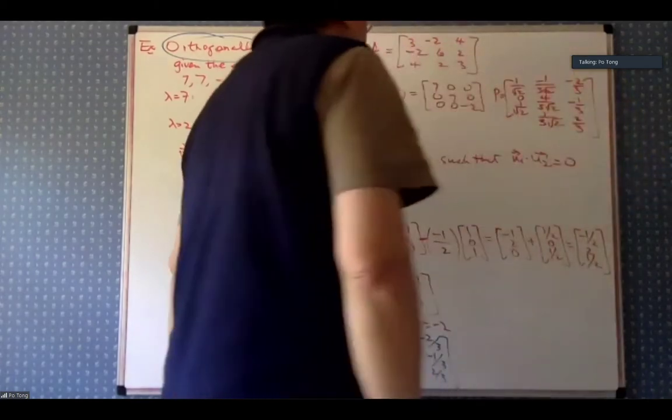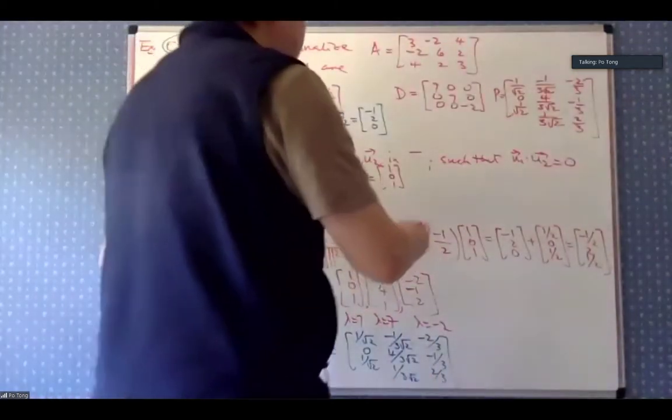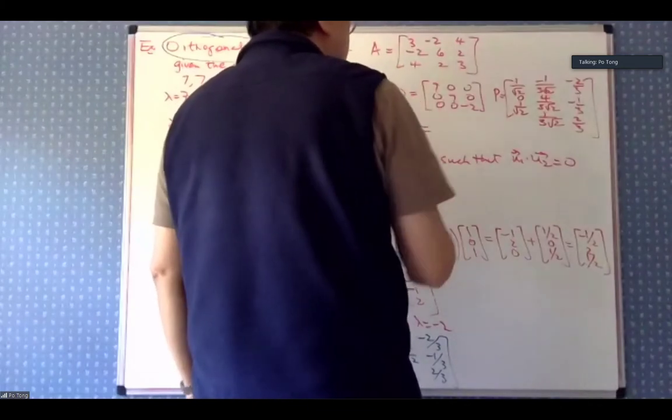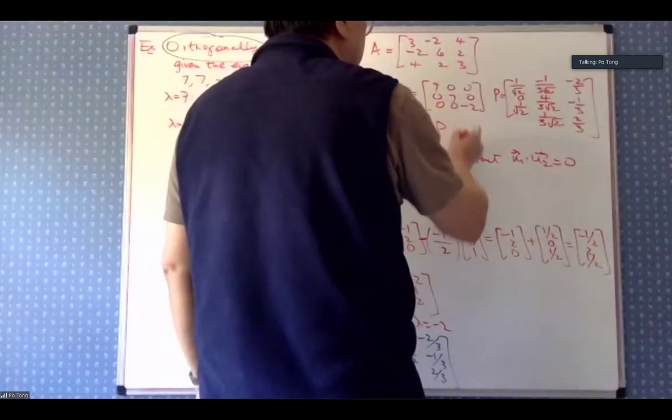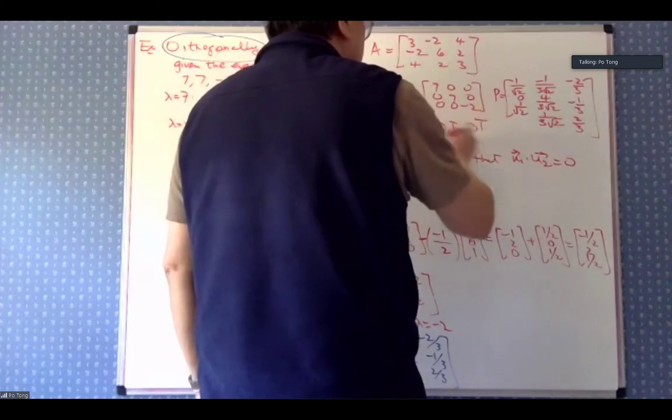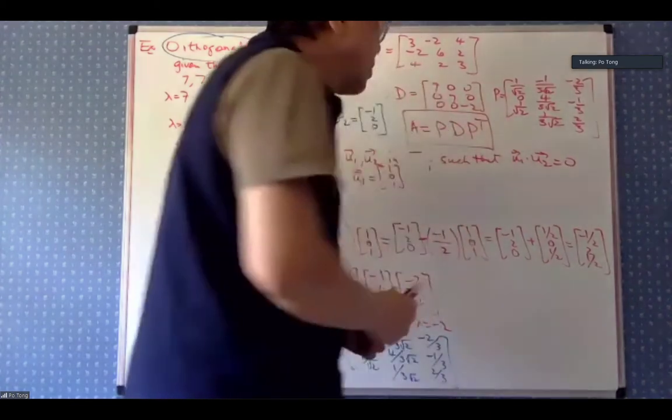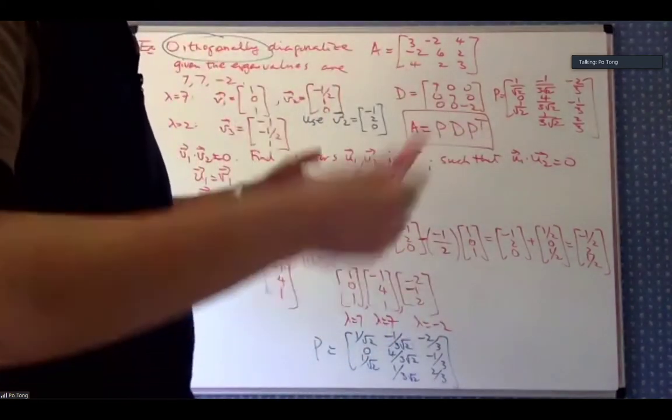Okay. So it has this property now. A is equal to P D P inverse. P inverse is the same as P transpose. Okay.